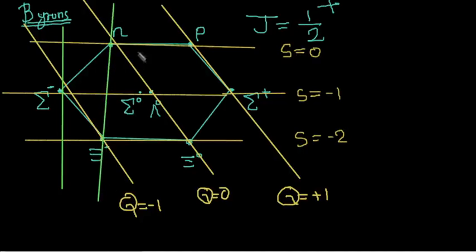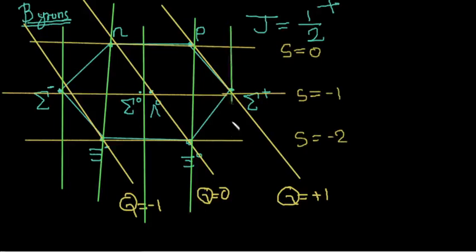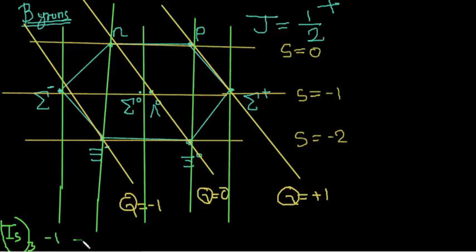So this will give me the third component of isospin. Sigma minus will have isospin minus 1, minus half, here it will be 0, here plus half, and here 1. So these are the third components of isospin.